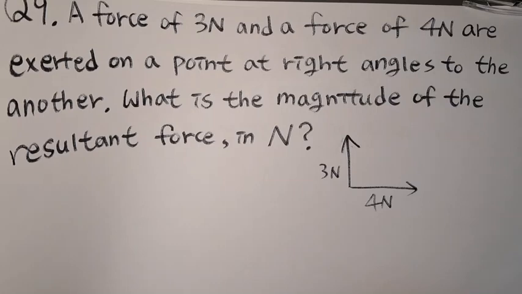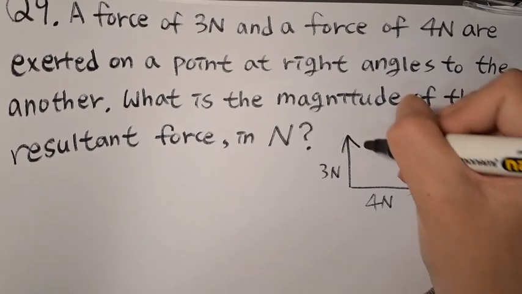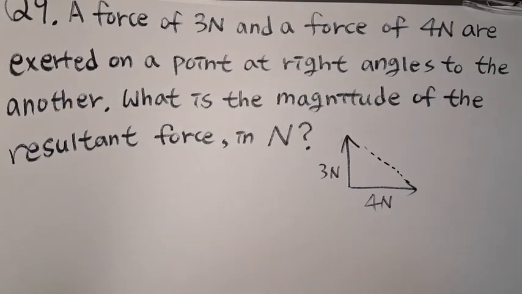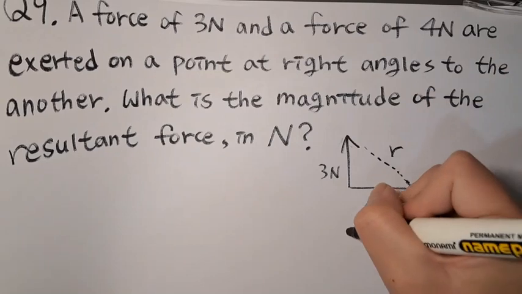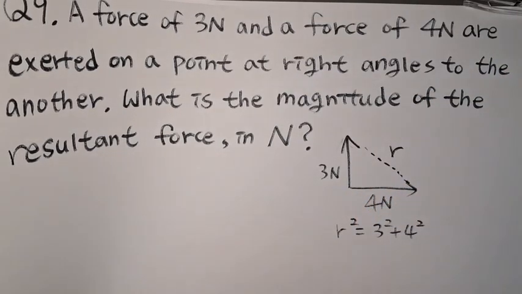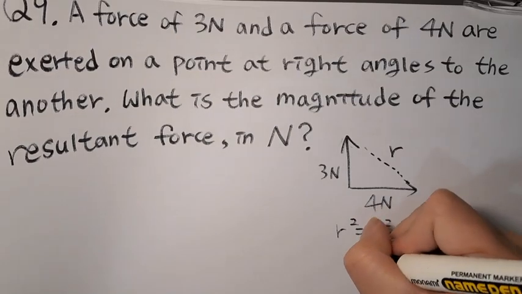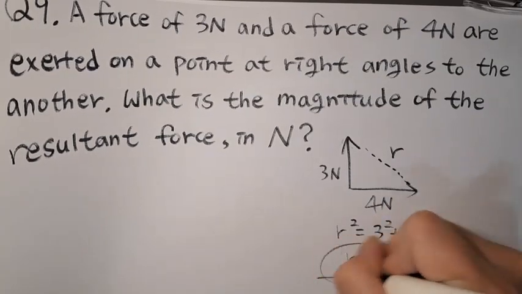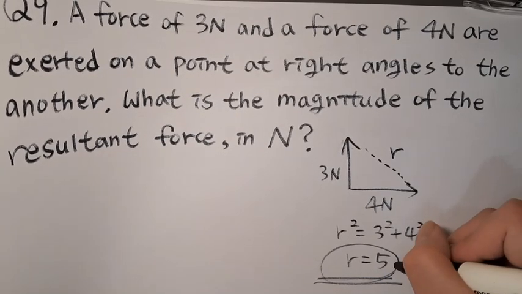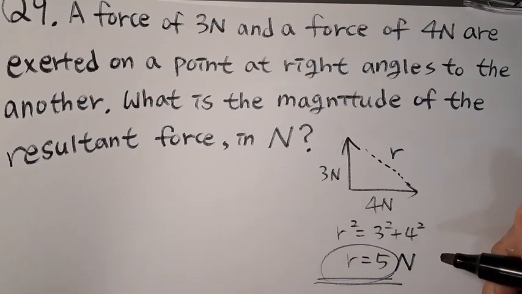The resultant force can be found by using the Pythagoras theorem. So we are going to use the Pythagoras theorem. So the magnitude of the resultant force is going to be 5 Newton.